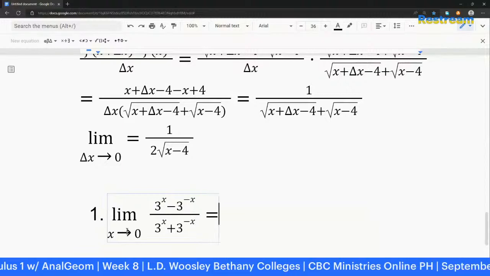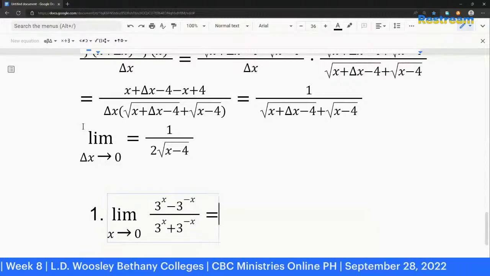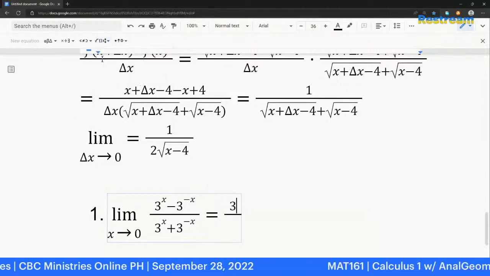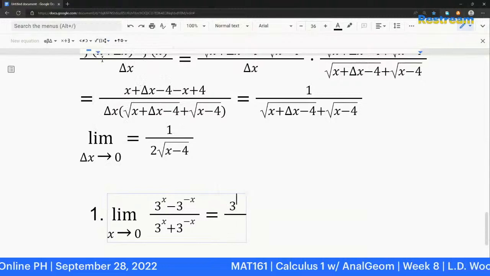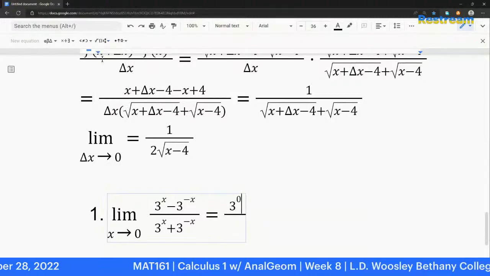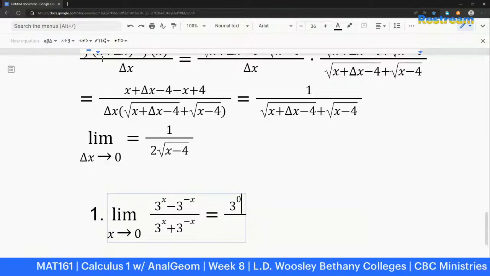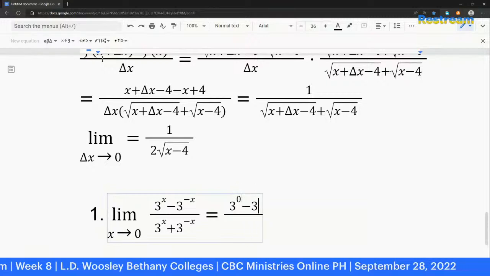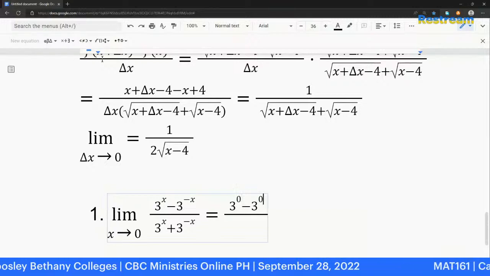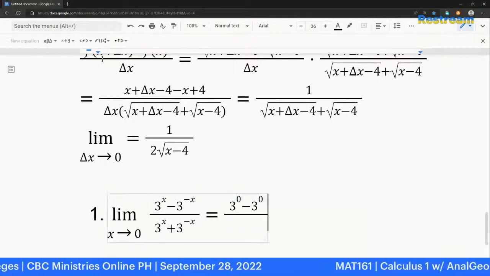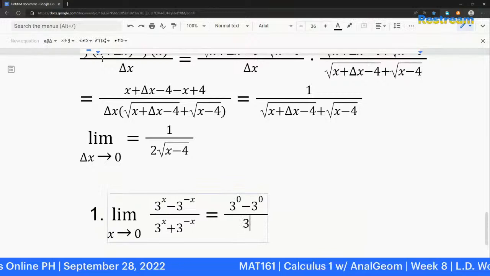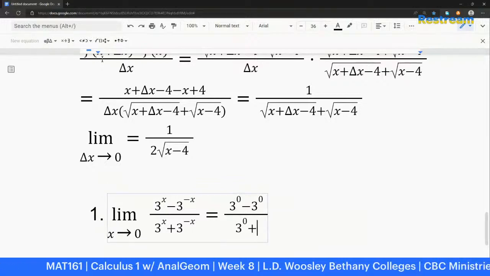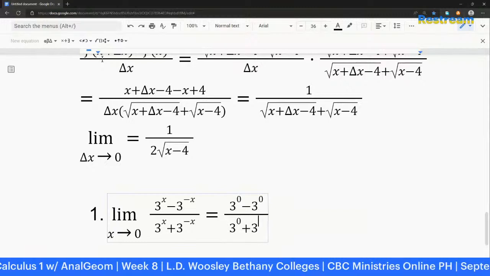Sige, we will solve directly. So kung i-substitute natin, that becomes 3 raised to 0. Now, whether it's positive or negative, it does not matter because 0 times negative is still 0. So, minus 3 raised to 0 all over 3 raised to 0 plus 3 raised to 0.